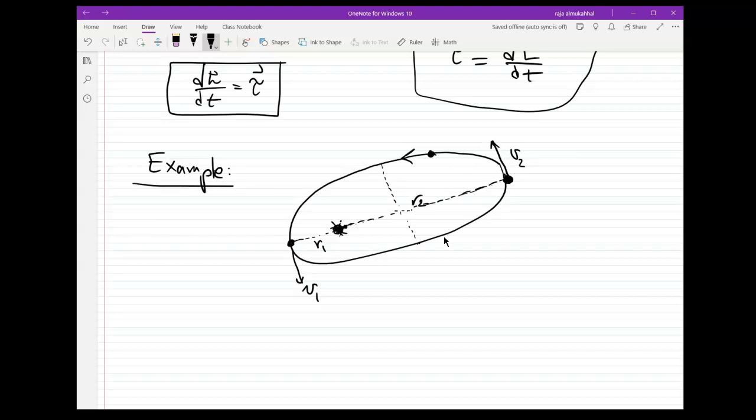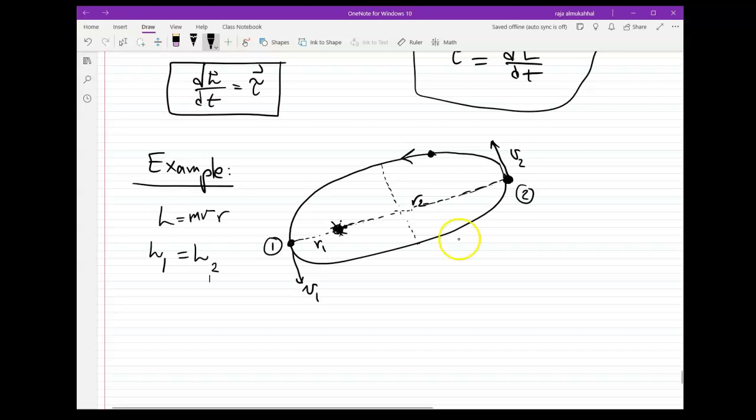Nature says that, well, the angular momentum is L equals mvr, right? Nature says that the angular momentum at position 1, this is position 1 right here for Earth, and this is position 2, must equal the angular momentum at position 2. This is called conservation of angular momentum. That's the essence of angular momentum, that the angular momentum is conserved.